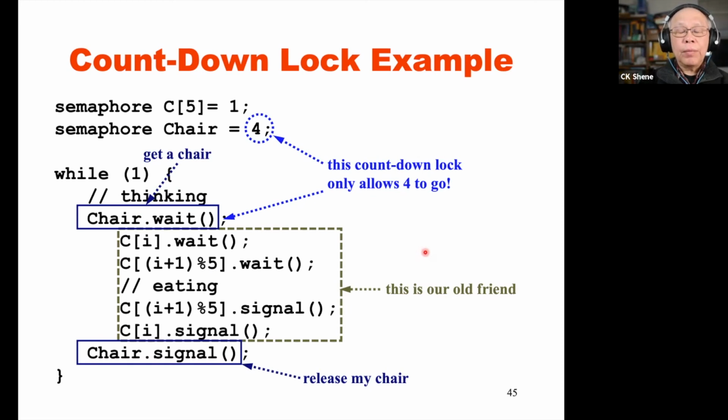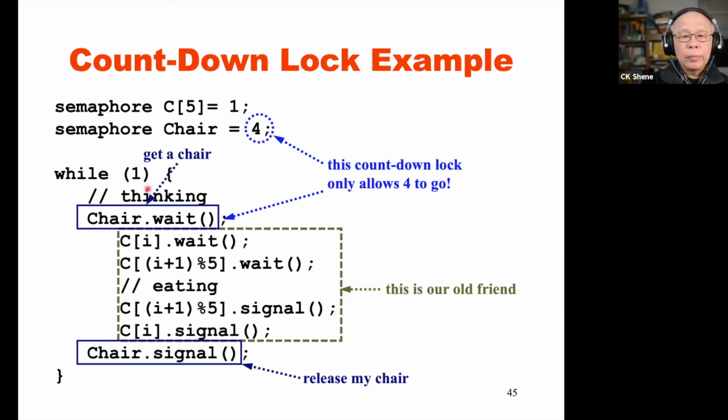The fifth will be blocked. Therefore, we could create a chair semaphore with initial value 4. In that case, 4 philosophers who call the wait of the chair semaphore could go. The 5th philosopher who calls the chair's wait would be blocked.